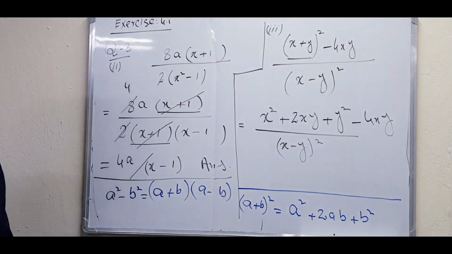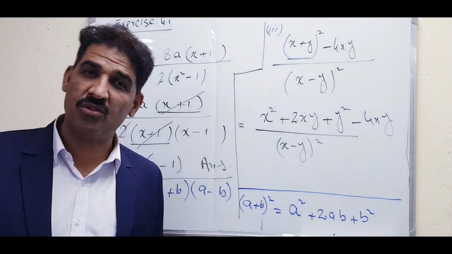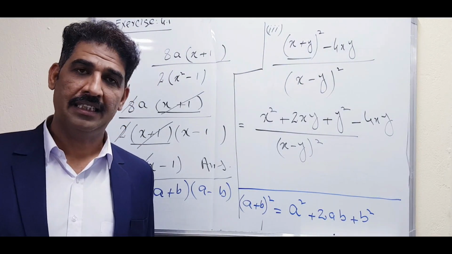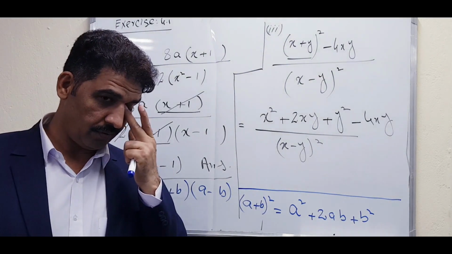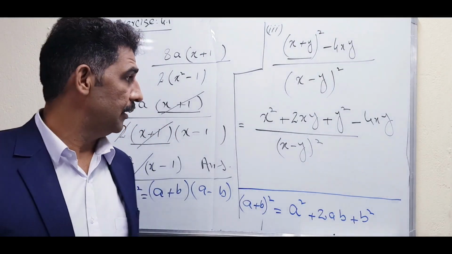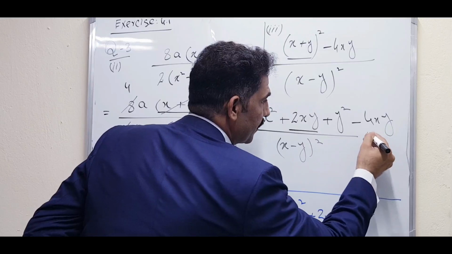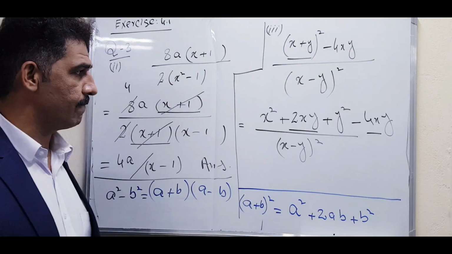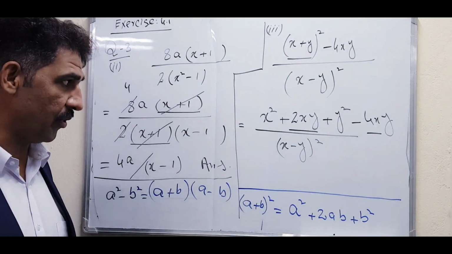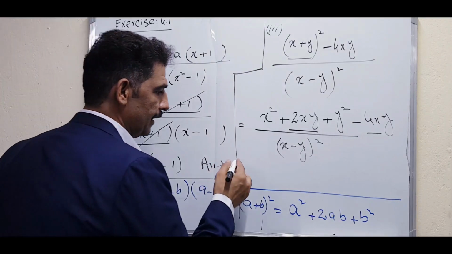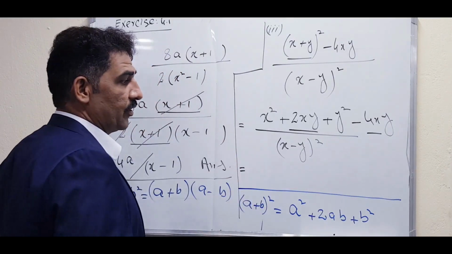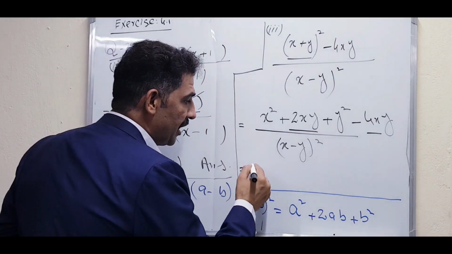After that, what change occurs? We have to simplify the like terms. So which are the like terms? Abdullah, good. These are the like terms: 2xy and 4xy. So when we simplify, what will become?